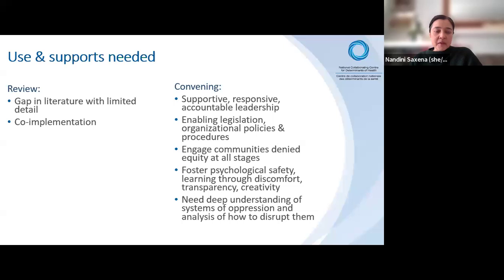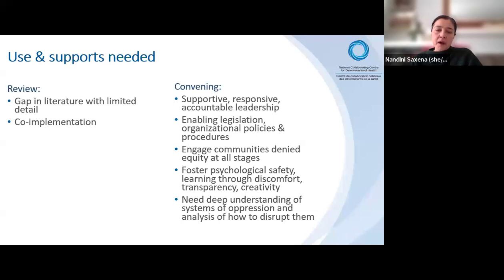The other thing that also came up was the need for policies, procedures, legislation that is enabling, that really creates the space for this type of work to happen. Importantly, people also talked about the need to engage communities denied equity at all stages of this work.